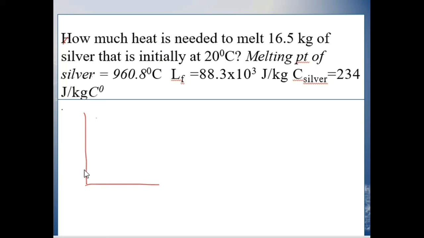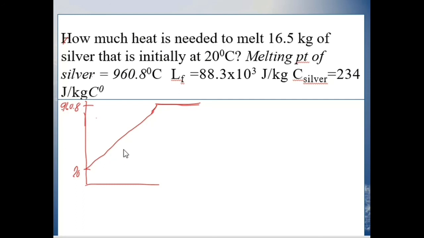Now it has started from 20. So here is our 20. Then it will move up to, let's say, 960.8. At this point, phase change will occur. So there are only two stages for this.